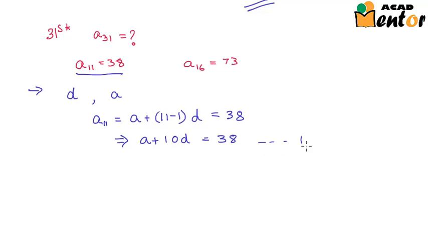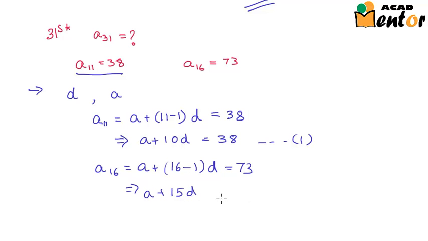Suppose this is equation 1. Also the 16th term, or A16, can be written as a plus (16 minus 1) into d, which is given as 73. So this gives us a plus 15d is equal to 73. Now this is our equation 2.